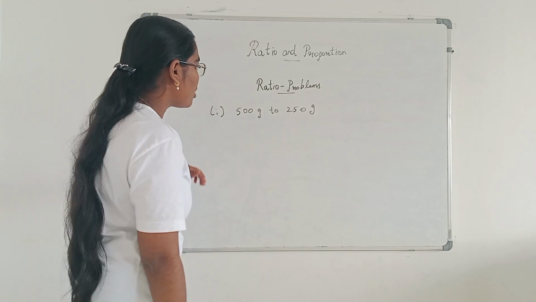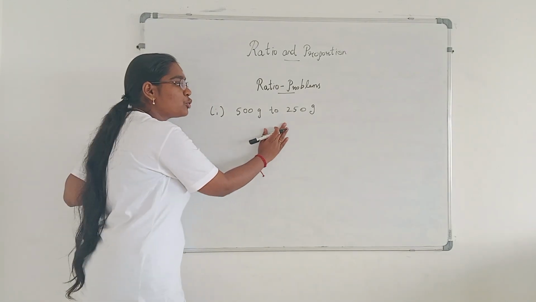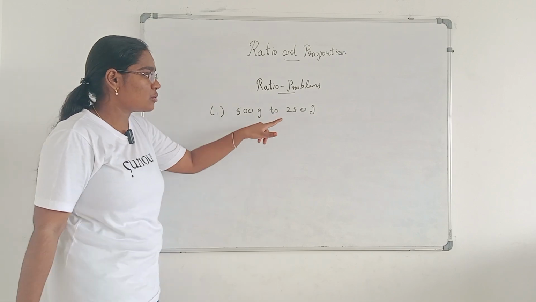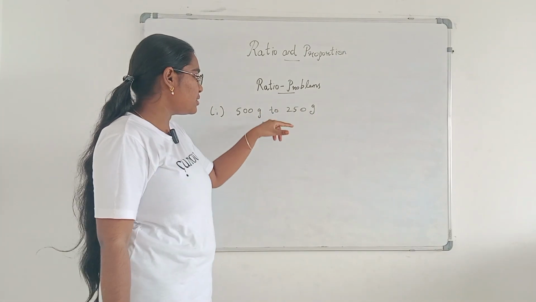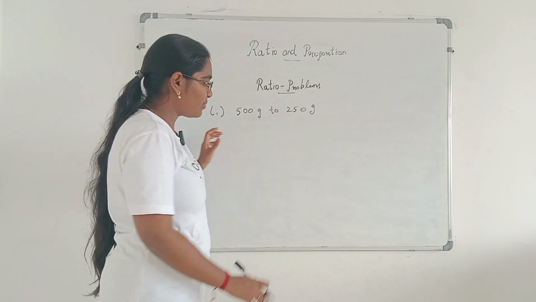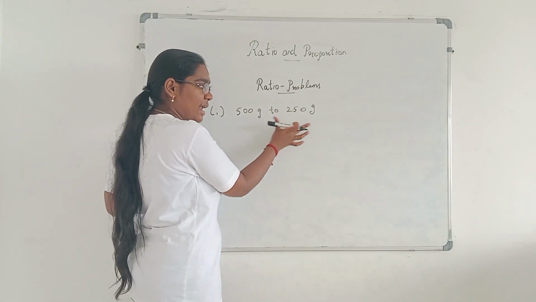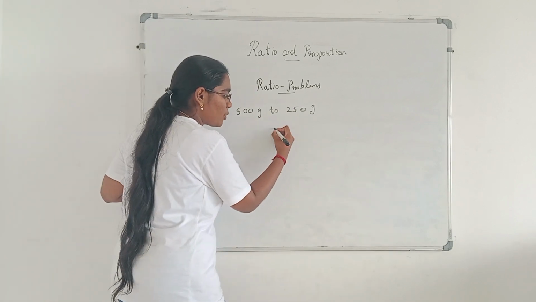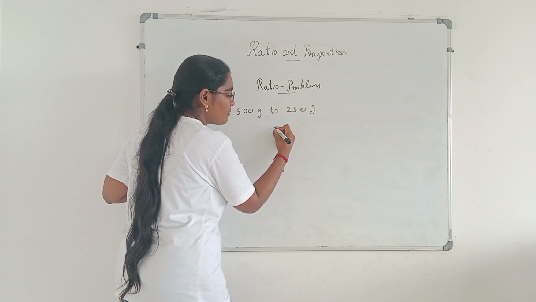So first problem, 500 grams to 250 grams. These two quantities are in the same unit, grams. So we can easily convert this. Step number 1 is to write this as a fraction.